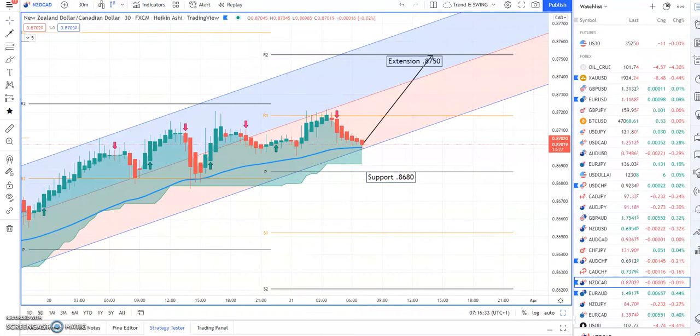Now this is a really interesting chart, the New Zealand Canadian. As we can see here, we have more convergence. Things are happening in currencies more than gold at the moment, which is fine. Don't mind which one. I prefer gold, but nonetheless, that's not ready. So we look for other opportunities. New Zealand Canadian now converging. So what this means is the price is moving down to an area of support. 86.80 is the major support.